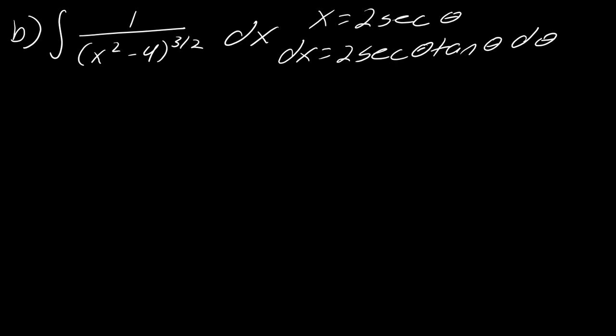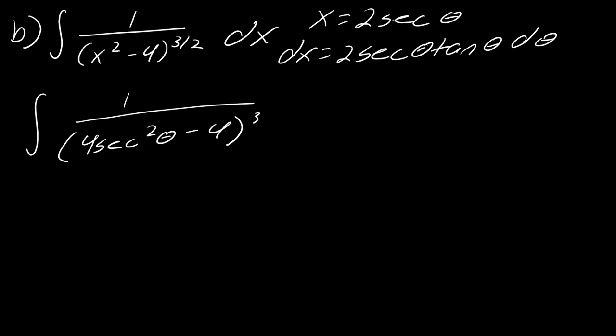And so now let's just get right to it. This is going to leave me with (4 secant squared theta minus 4), all of that to the 3 halves, times 2 secant theta tangent theta d theta.